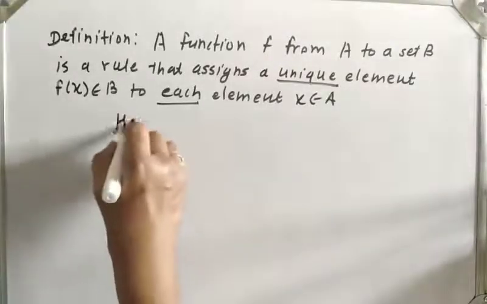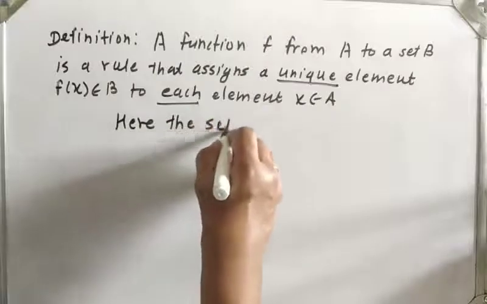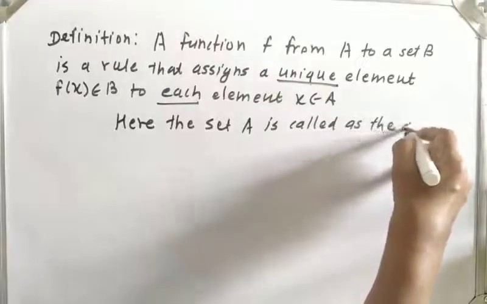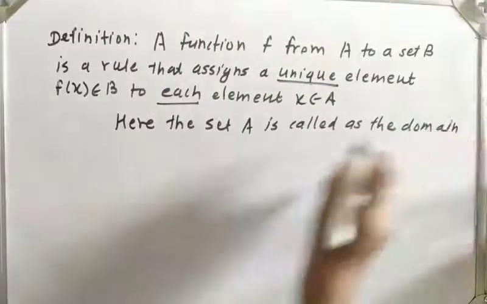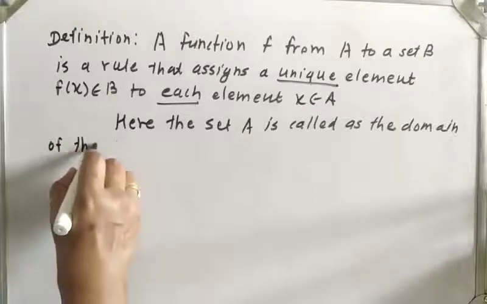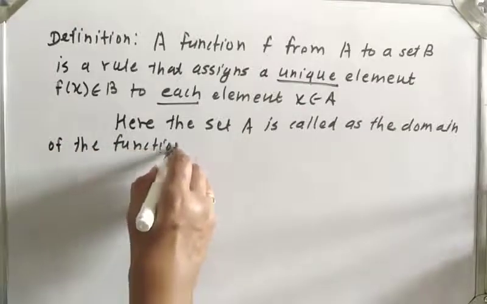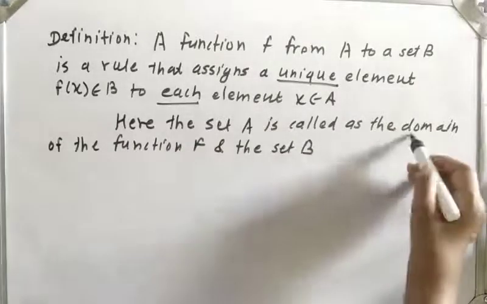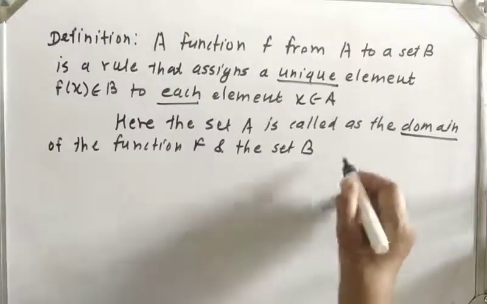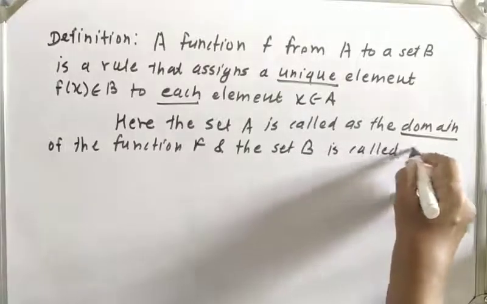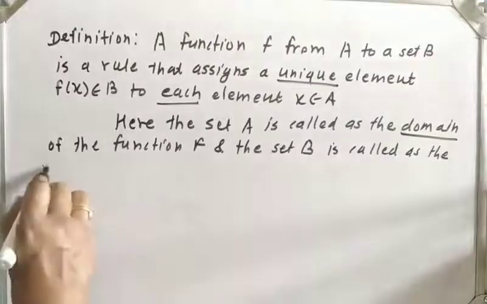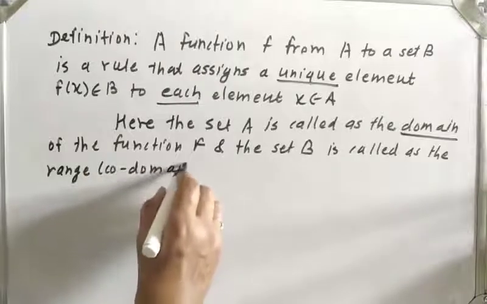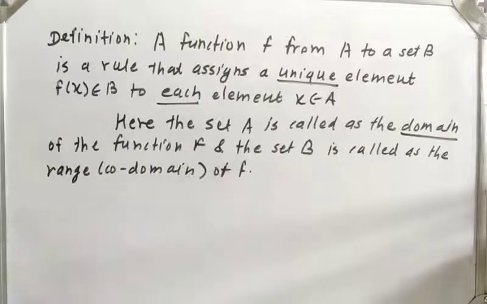Here the set A is called the domain of the function f, and the set B is called the range, or in brackets codomain, of f.